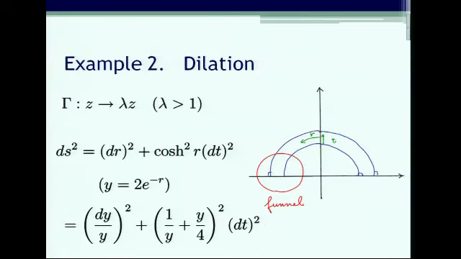The next simple example is a group generated by dilation. Then the fundamental domain is formed by these two half spheres, half circles. Then you again have something like this tube, and this end part is usually called a funnel.